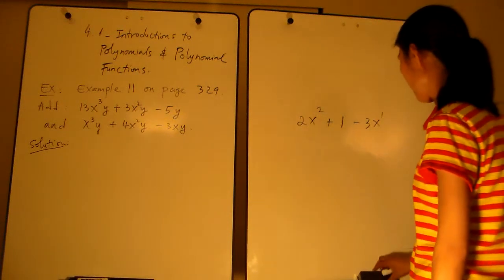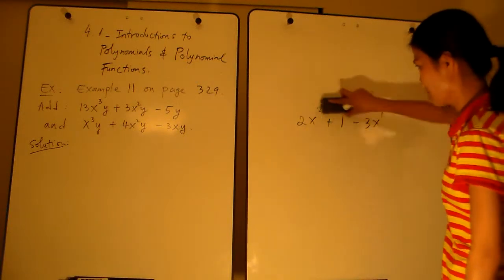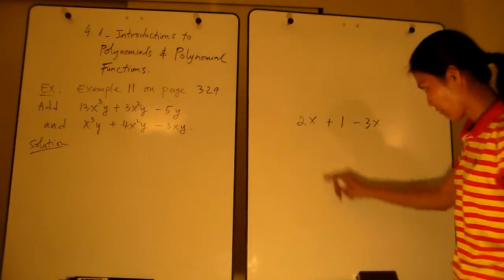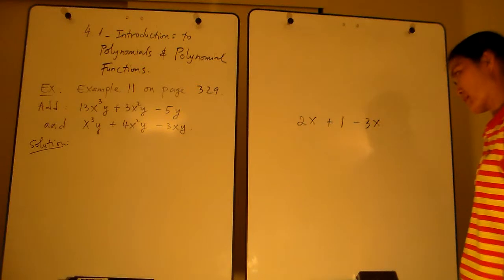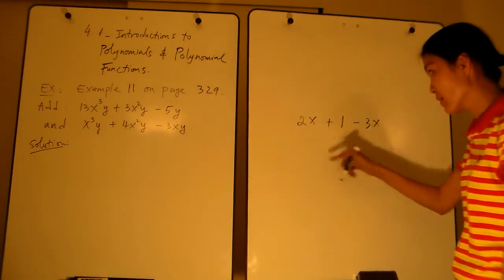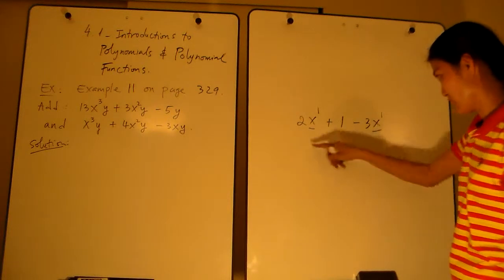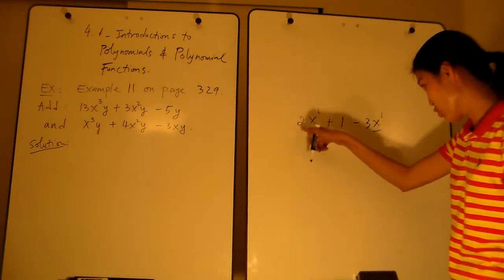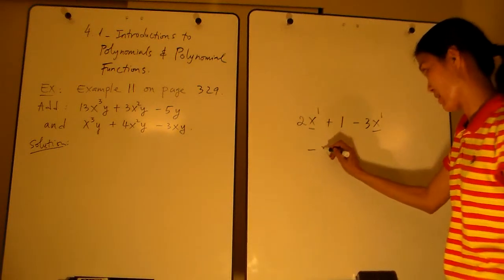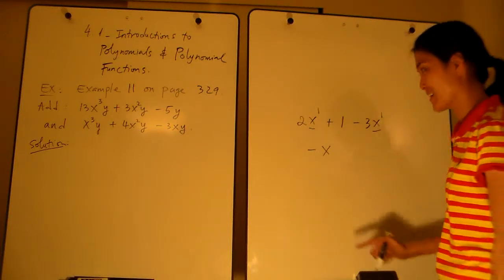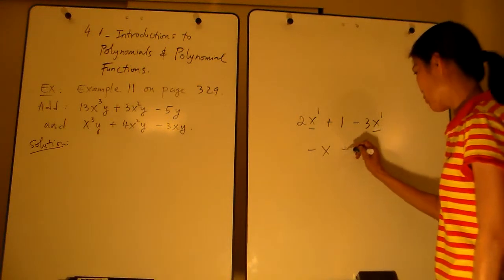Okay? I noticed I did something wrong last time. If I have 2x plus 1 subtract 3x, when I combine, if I have the same variable with the same exponents, when I combine these two, it should be 2 subtract 3, which is negative x, not 5x. Apologize. So it should be negative x plus 1.